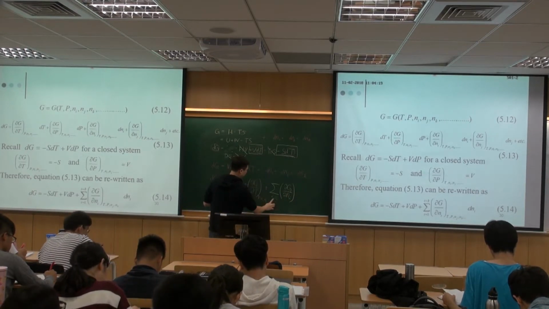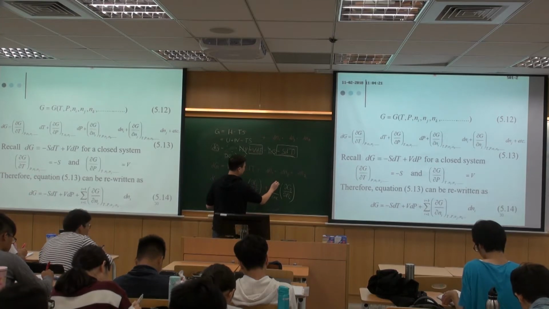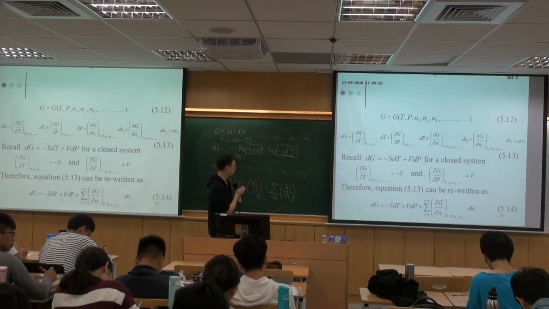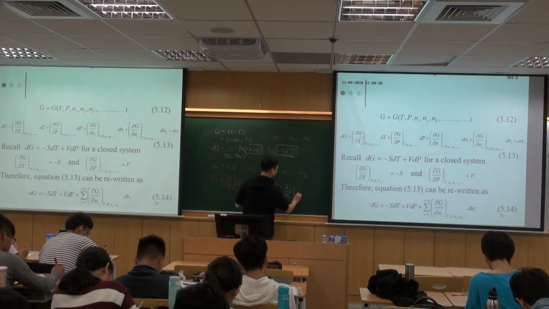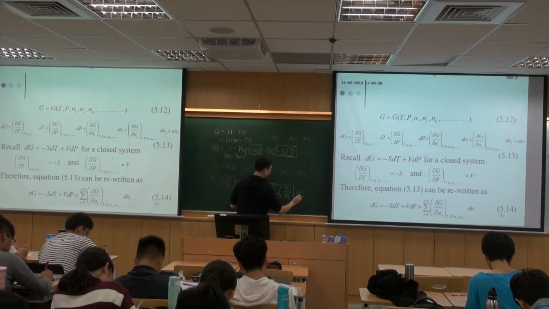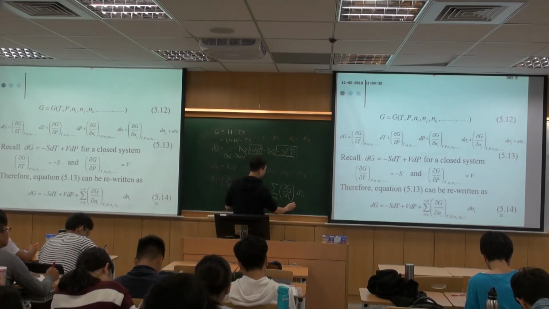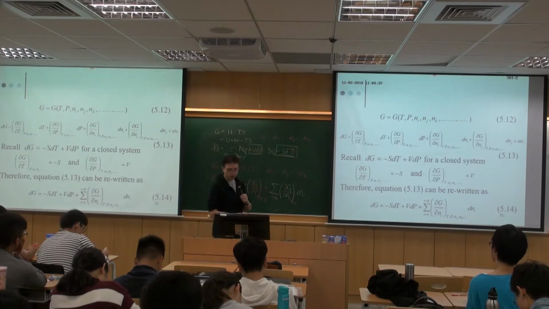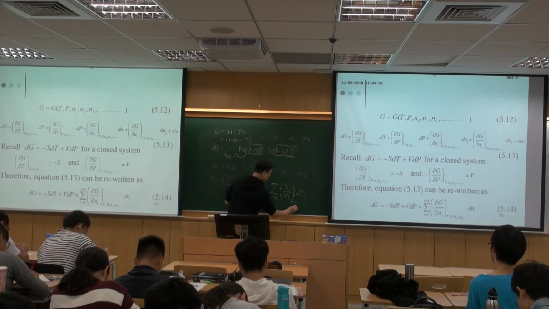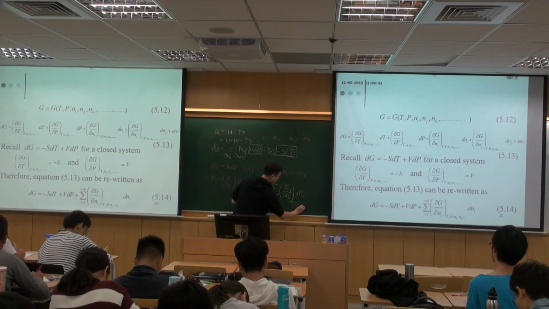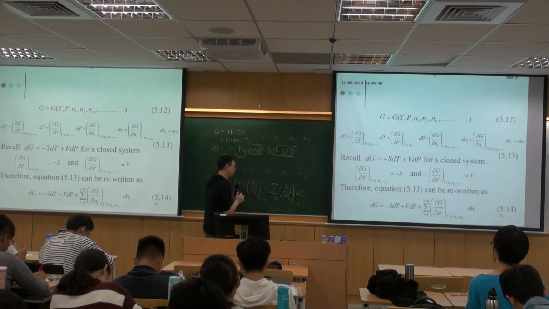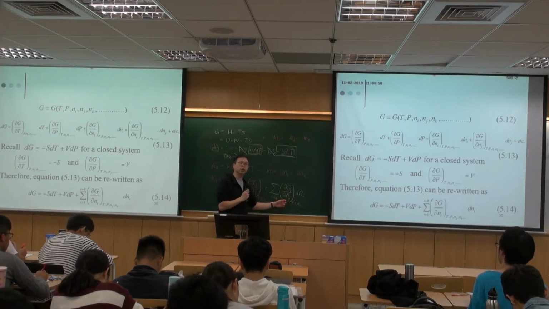Or you can say it's i from 1 to some certain number if you have many different species in your system, and dNi. And this is the case when P and T and all these species are fixed, except the one that you are dealing with.